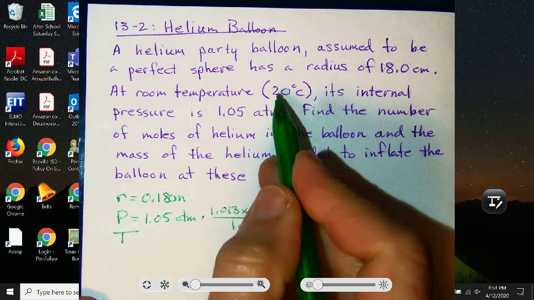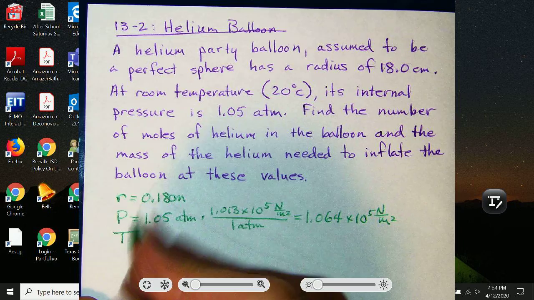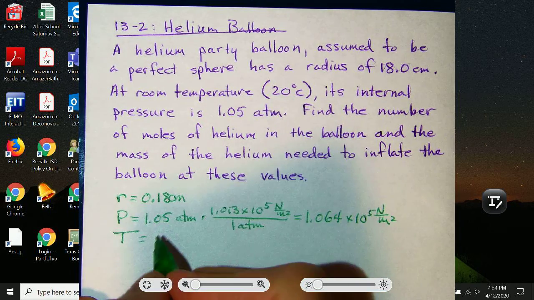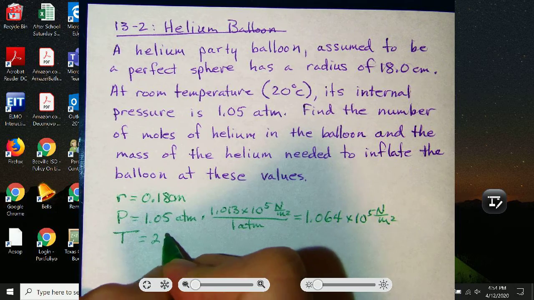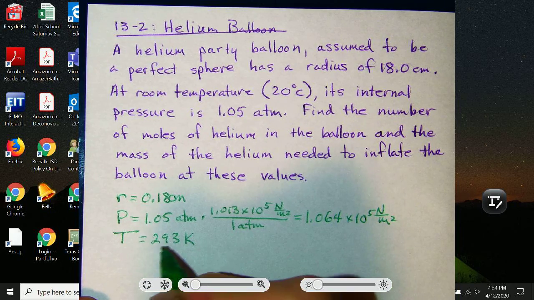Okay, our temperature is 20 degrees Celsius. If we put that into Kelvin, we add 273 to it, so 293 Kelvin. Remember, to use the ideal gas law or any of the other gas laws, you need the temperature to be in Kelvin.